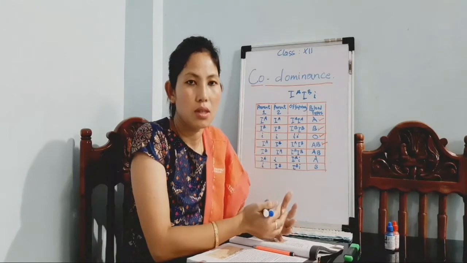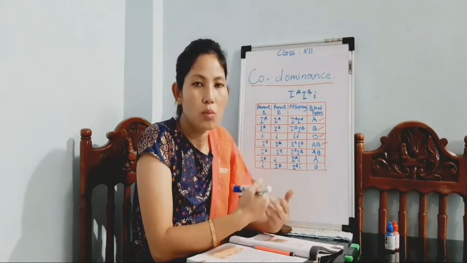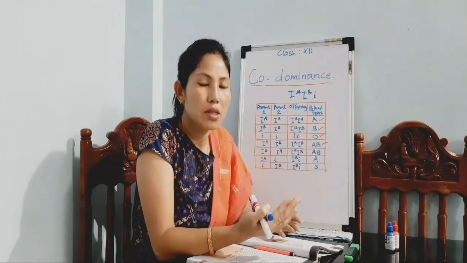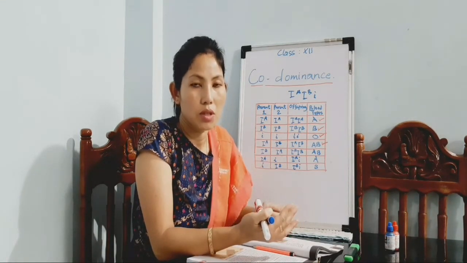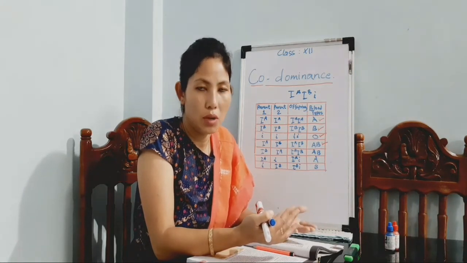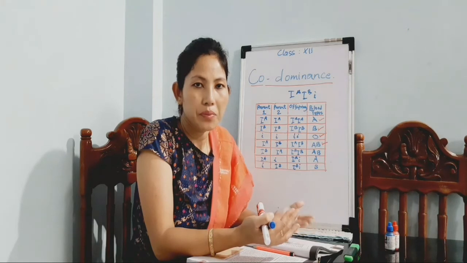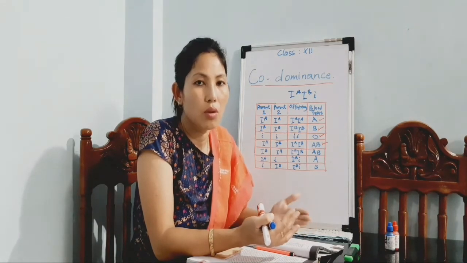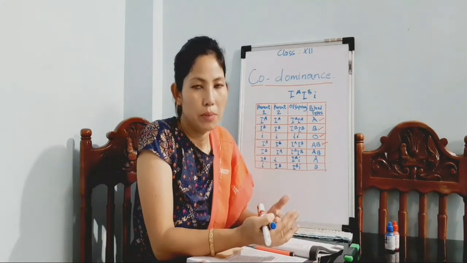So this is an example of codominance, where both the alleles or both the factors are expressed equally in the F1 generation, which was not described in Mendel's monohybrid cross. According to Mendel's monohybrid cross, in the F1 generation all the pea plants were tall, as tall is dominant over dwarf.